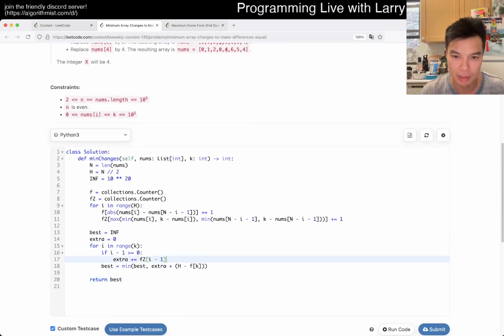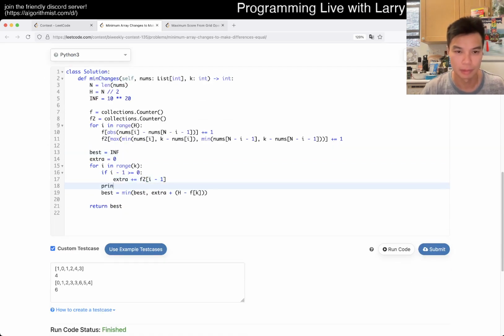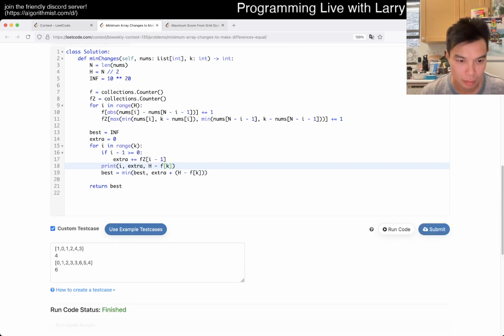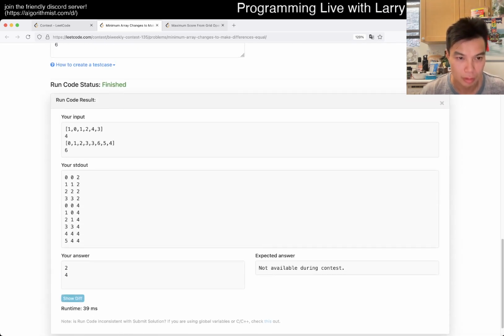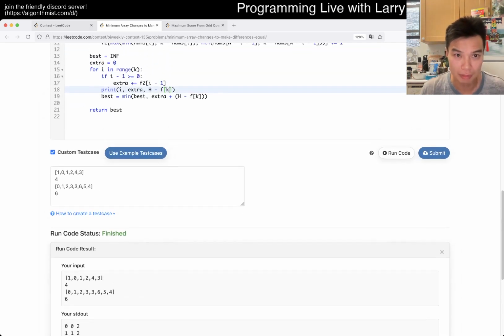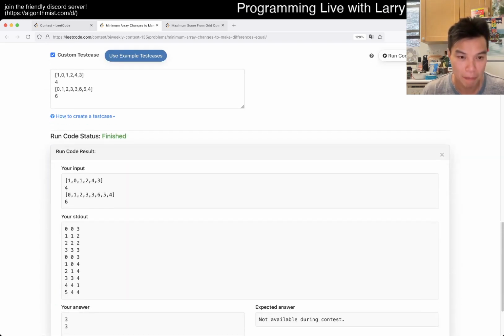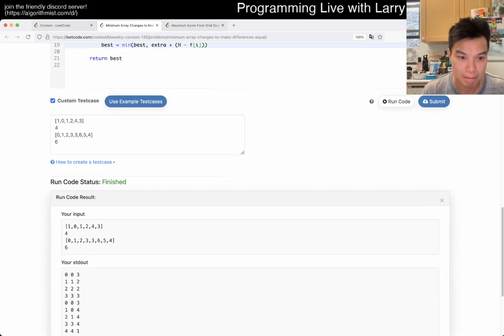For how, why? Okay. So 0 extra. Oh, not f of k, f of i. Okay. 3 is still very wrong though. So change to 0 is 3. That's not right.